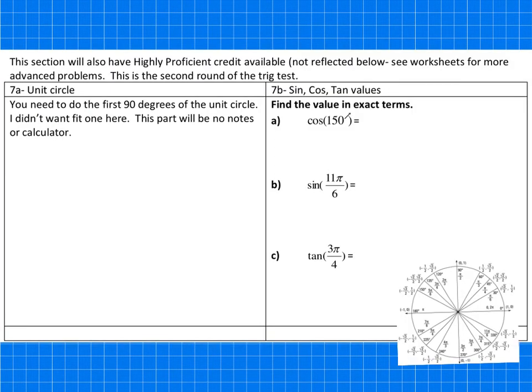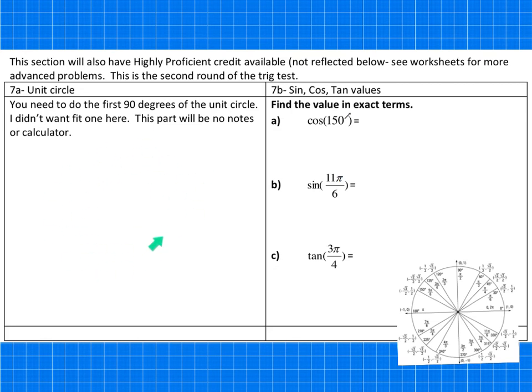These next parts, I am not going to go over, because this video is horrifyingly long. I'm going to talk about them briefly. This part is going to be a totally separate part of the test.